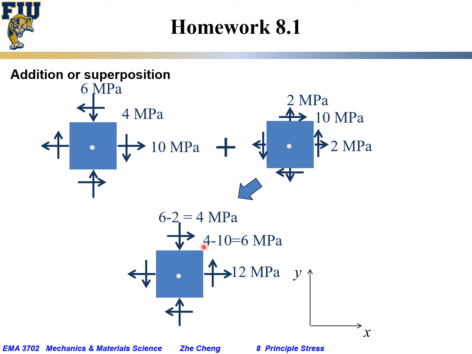So the net would be 6, rotating clockwise. So this is our combined stress state: 12 tensile along x, 4 compression along y, and 6 of shearing stress going this way, going this way.